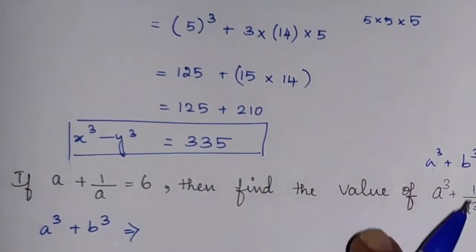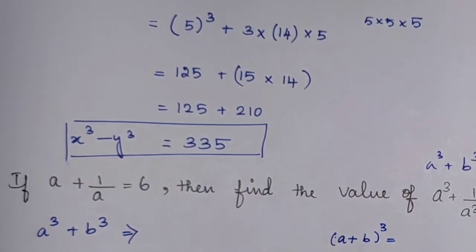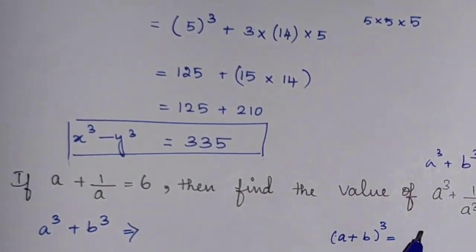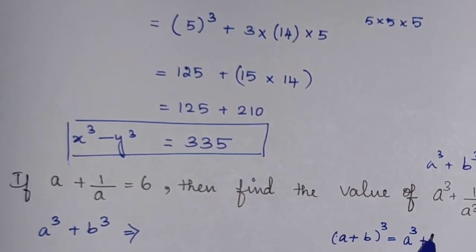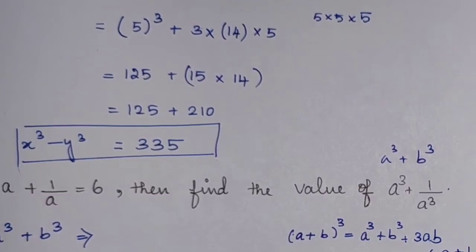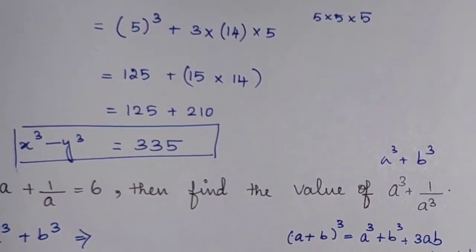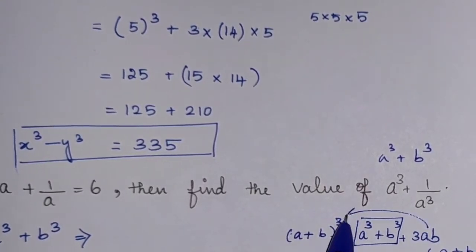Before this we'll derive the formula first. a plus b the whole cube is equal to a cube plus b cube plus 3ab into a plus b. Okay, so we need this alone, so take this term to the other side.